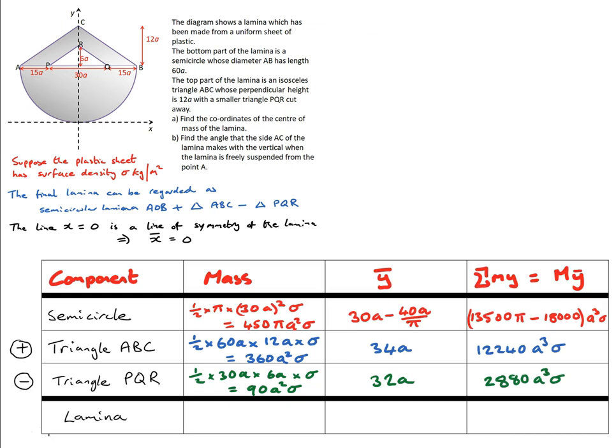Now, the laminar consists of the semicircle plus triangle ABC, but then take away triangle PQR.